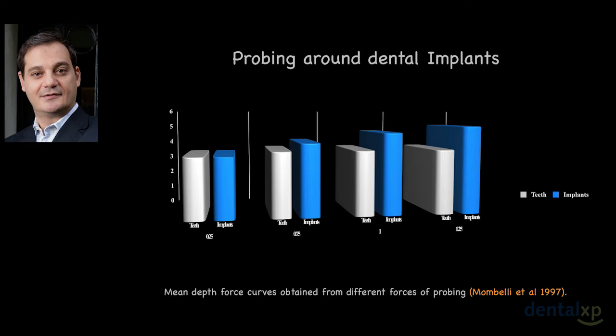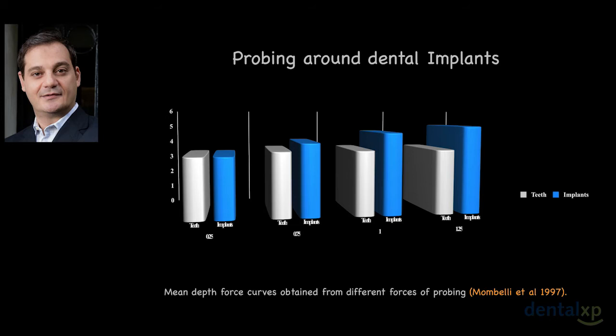And you can see that around the tooth, when we reach the force of 0.75, you can't force it any deeper because the patient will be in excruciating pain. Actually, this should be within the 25 newtons. If you look at the implant, the force keeps increasing higher and higher until you reach the bone.